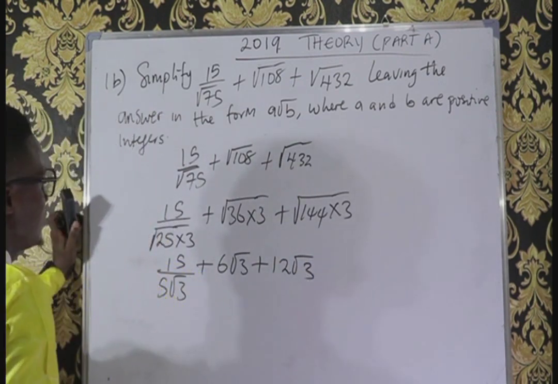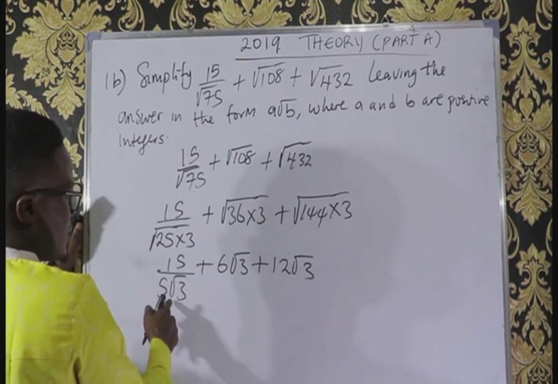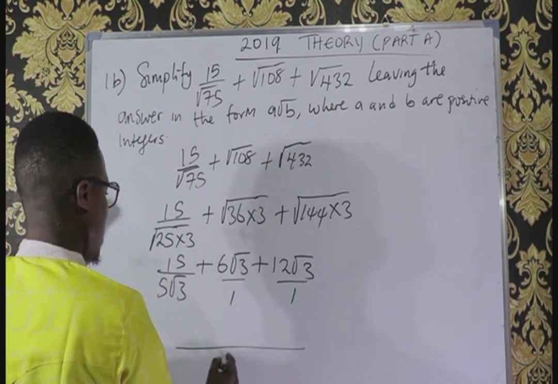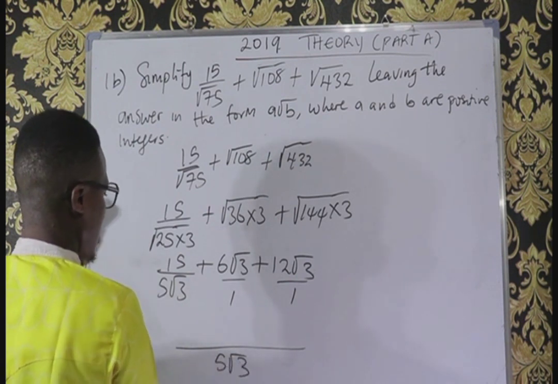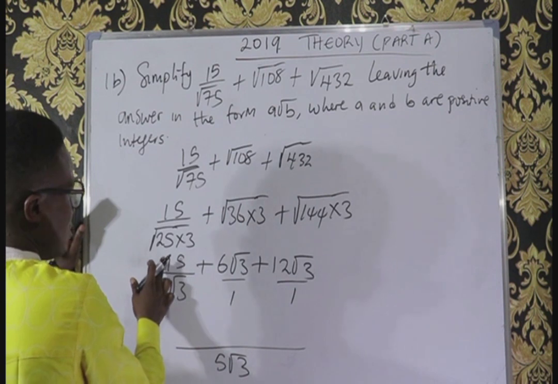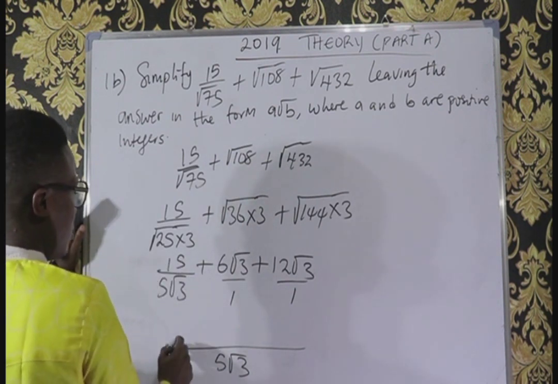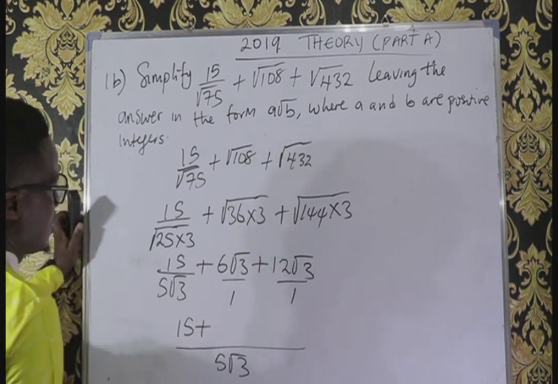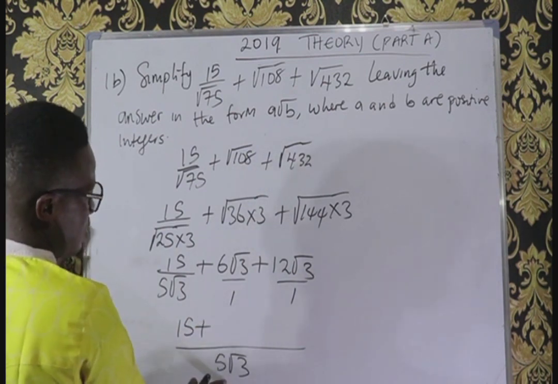Now if I like, I can rationalize this, or I find the LCM once. The LCM is 5 root 3. This divided by this is 1. 1 times 15 will give us 15 again, plus this divided by this is 5 root 3.